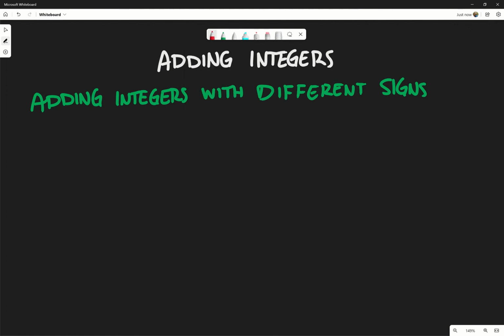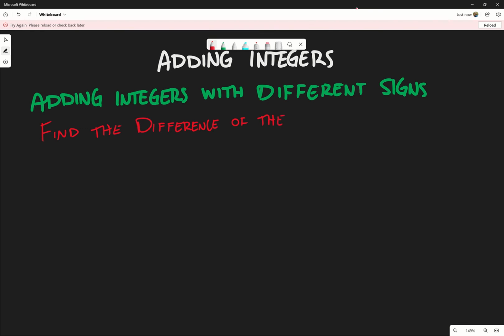When we add integers with different signs, we want to find the difference of the values and then we want to use the sign of the greater absolute value.